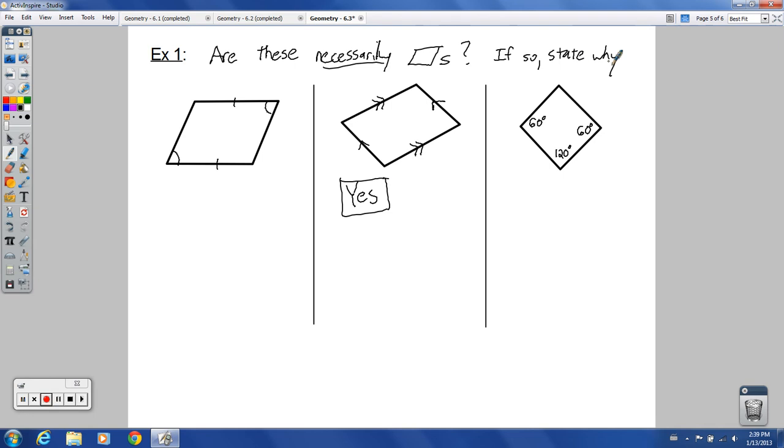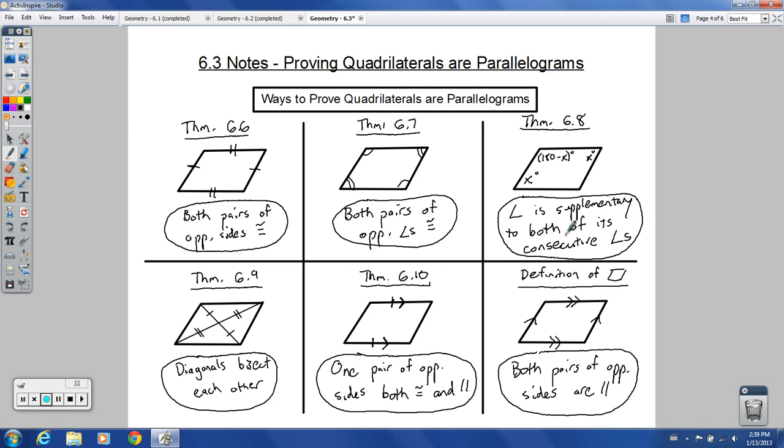If so, state why. So this one would be yes by the definition of a parallelogram. This one is also, I think, pretty easy because 120 plus 60, either way you go, is 180. So that consecutive angles are supplementary. That is this one right here, Theorem 6.8. An angle is supplementary to both of its consecutive angles.